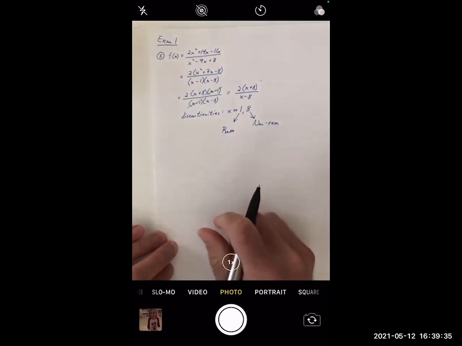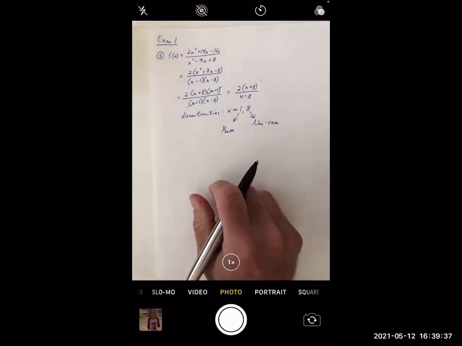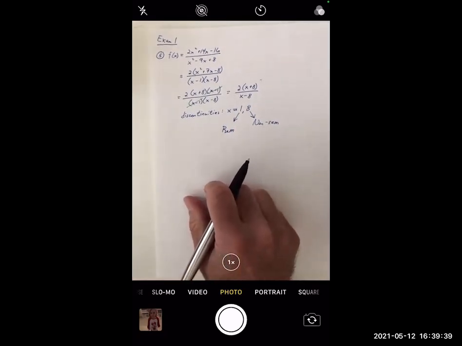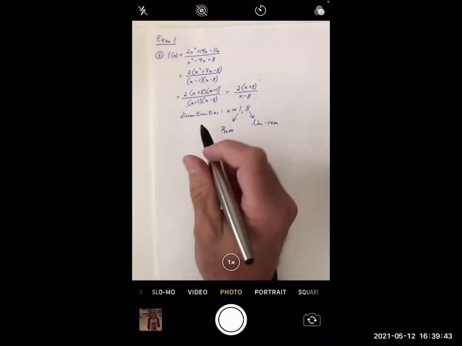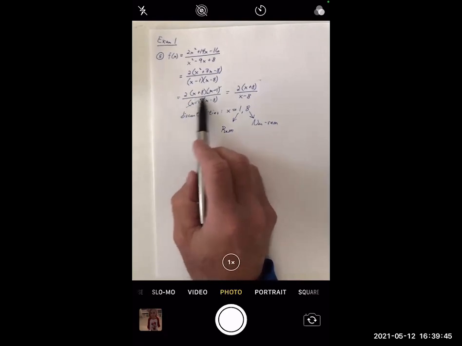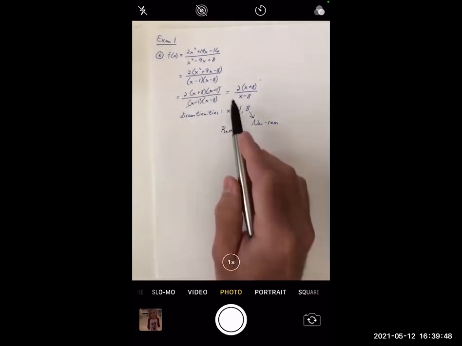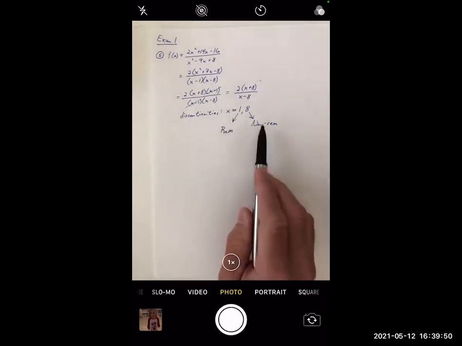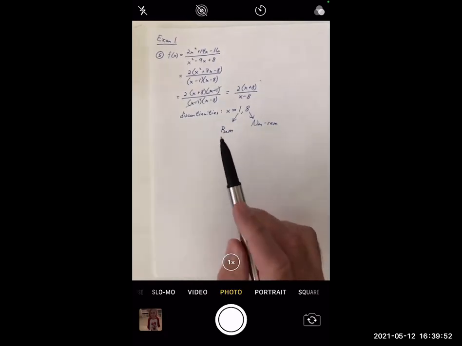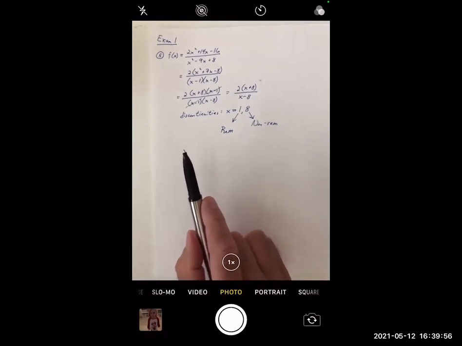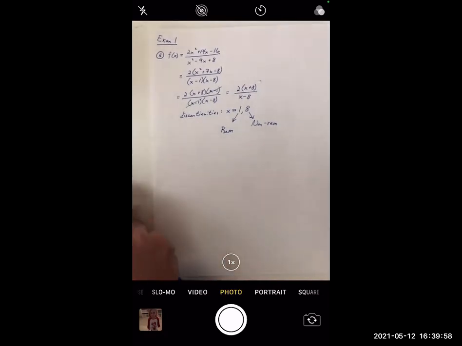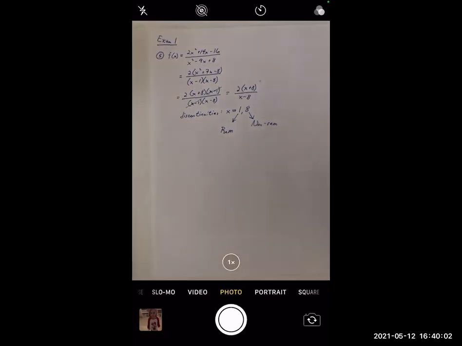So that is the removable discontinuity. So it was just a little bit of the factoring that got away from some people, and then some people had these flip-flopped. It's not necessarily difficult to do, but it's easy to forget, which is weird.